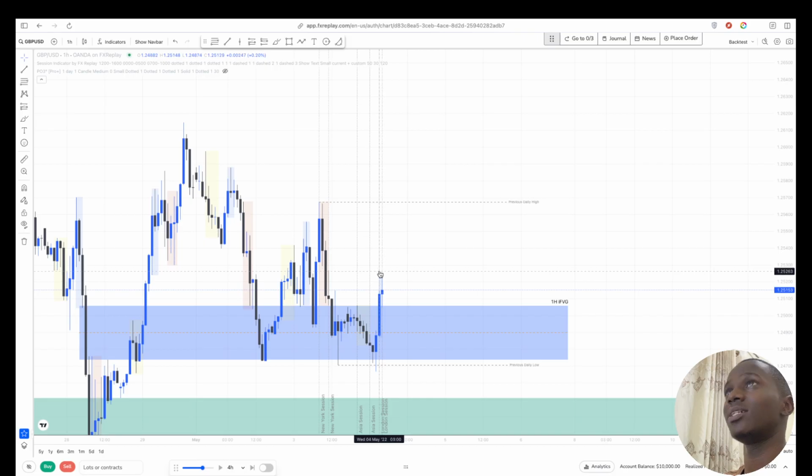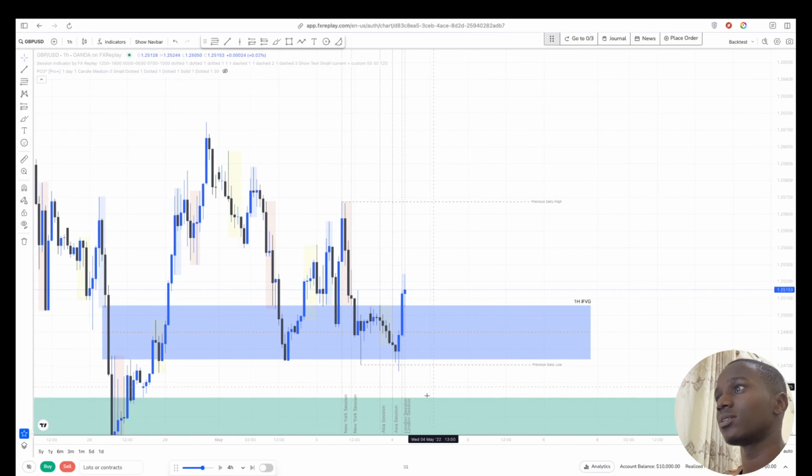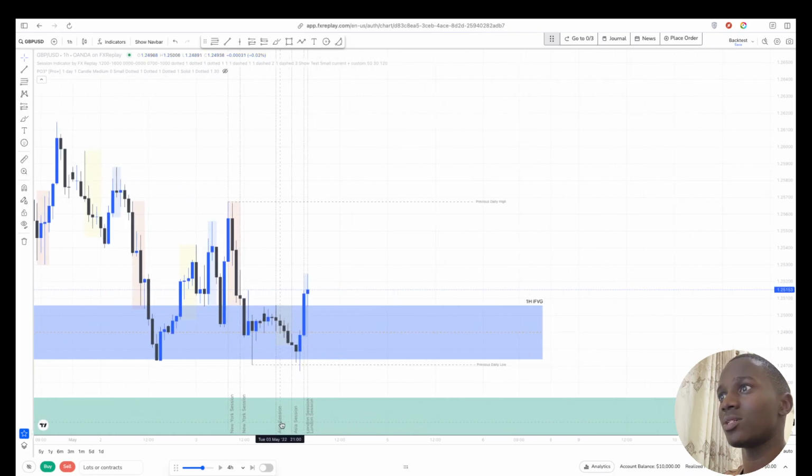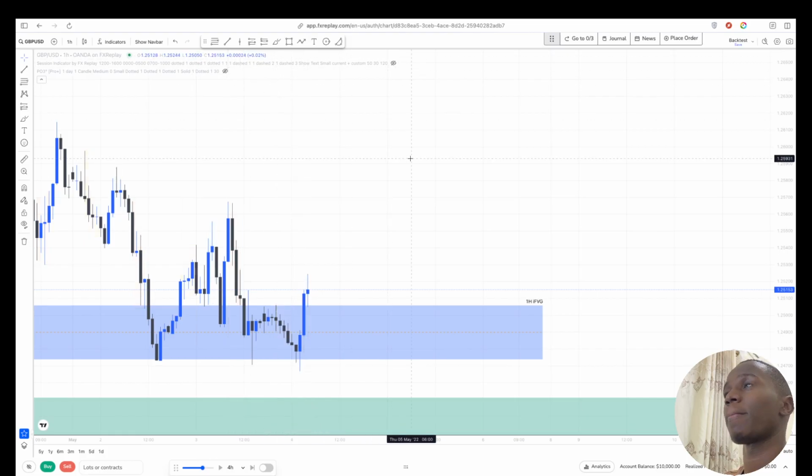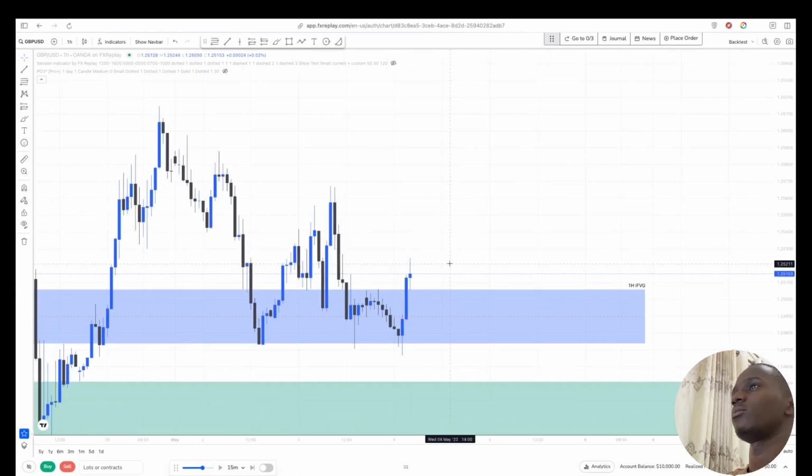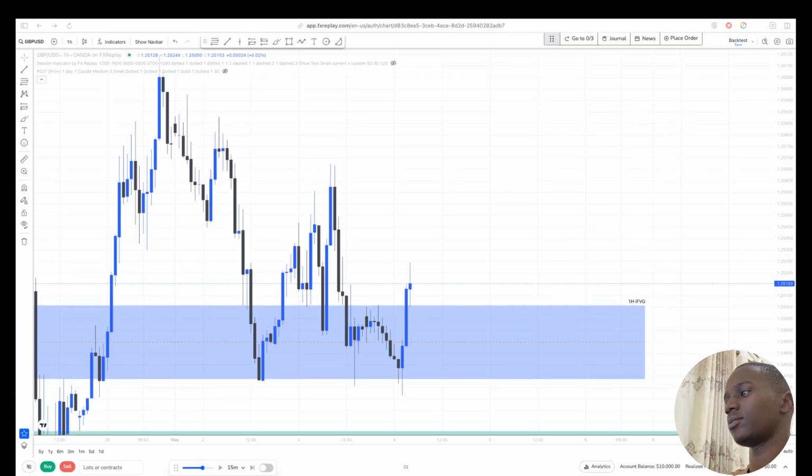It was on Wednesday, and let's remove this session stuff. But what this session thing would help us with, I think, would be for later use. Let's hide this. Alright, and we also have a small fair value gap inside here, so we would look for an entry when the New York session starts.